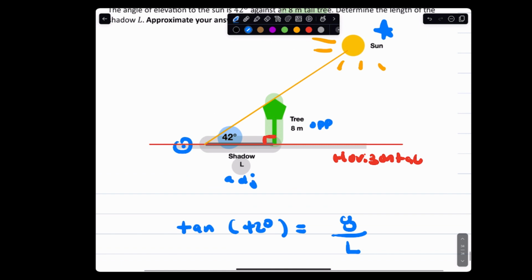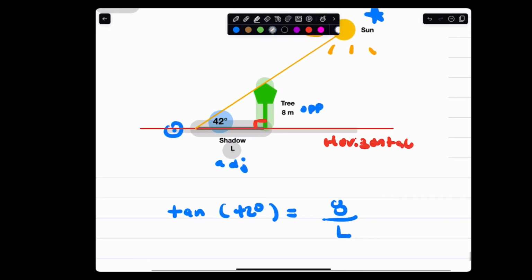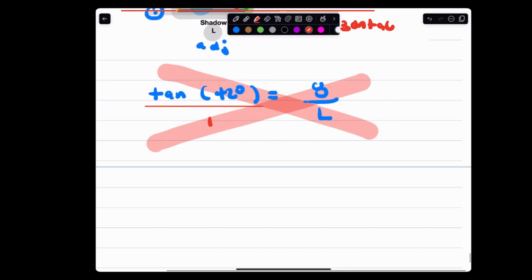They want to know the length of the shadow to the tenths. Determine the shadow length. That's what they're trying to find. All right, you guys know the drill by now. Create a proportion, and then cross multiply. What do you end up with?